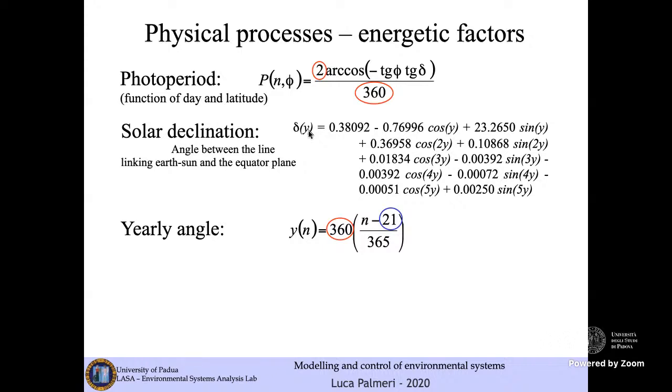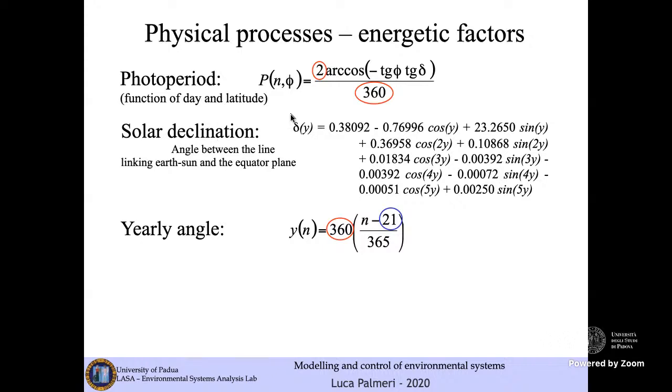The yearly angle describes which moment of the year we are, where our planet is finding itself in its orbit around the sun. Then we have a practical astronomical model that describes the solar declination as a combination of sines and cosines as a function of the yearly angle.